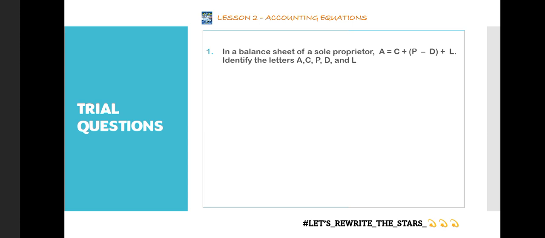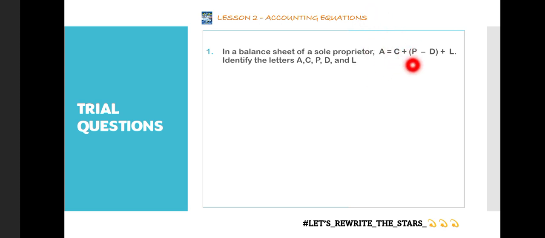So in a balance sheet of the sole proprietor, A is equal to C plus, brackets open, P minus D, brackets close, plus L. So you have to identify what the various letters are. We've discussed some of these things, or let me just help you with the trial. So the A here is referring to the assets, and then the C here is referring to the capital.